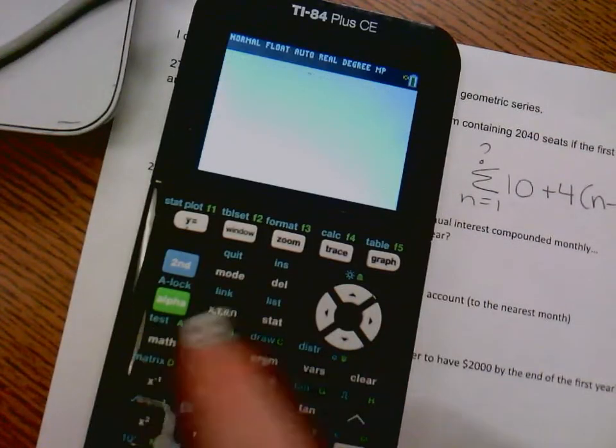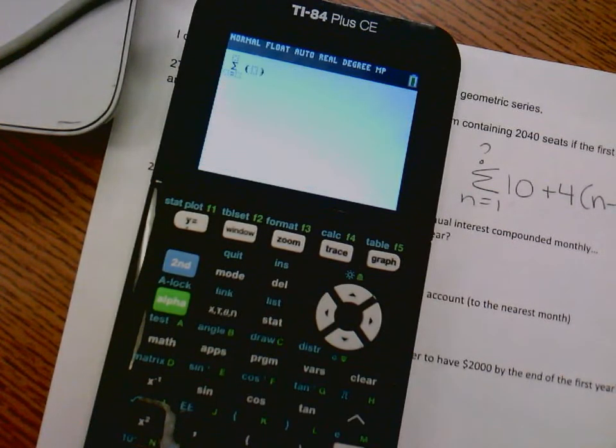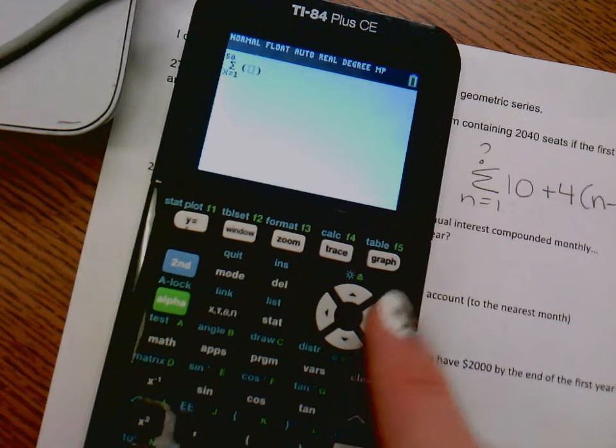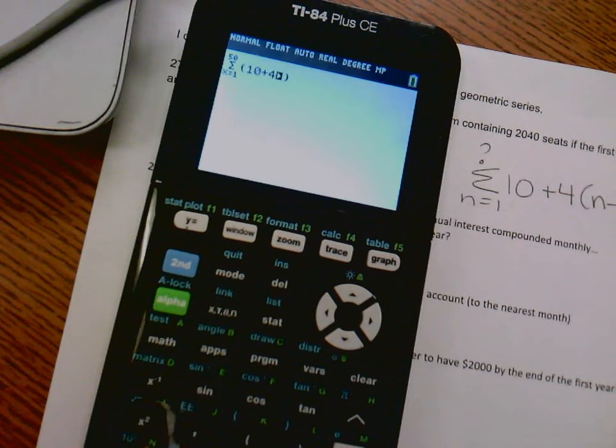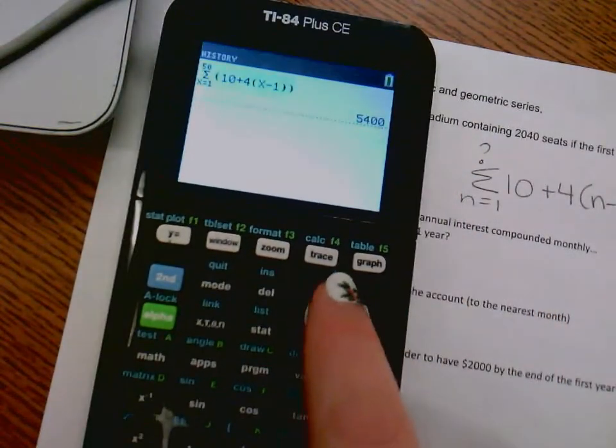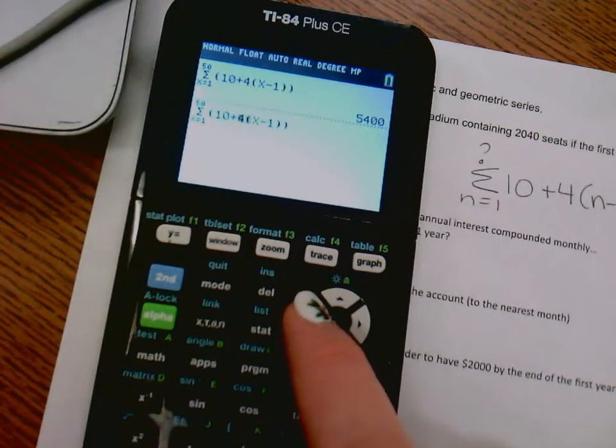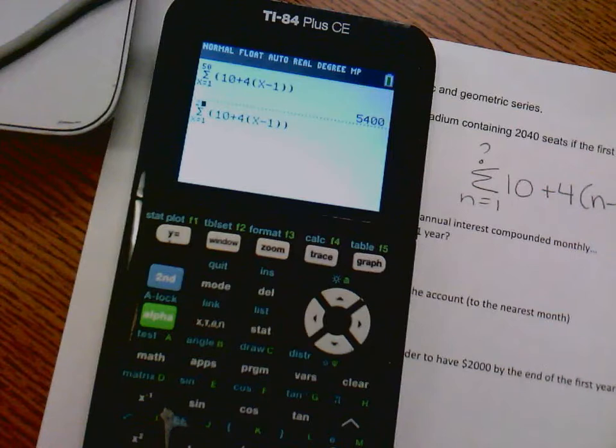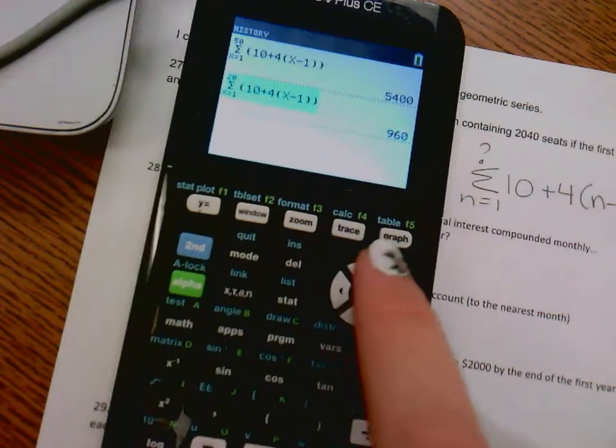I need to guess and check how many rows it has. N goes from 1. What if it has 50 rows? 10 plus 4 times n minus 1. So that's way too many. All right, what if it only has 20 rows? That's not enough.